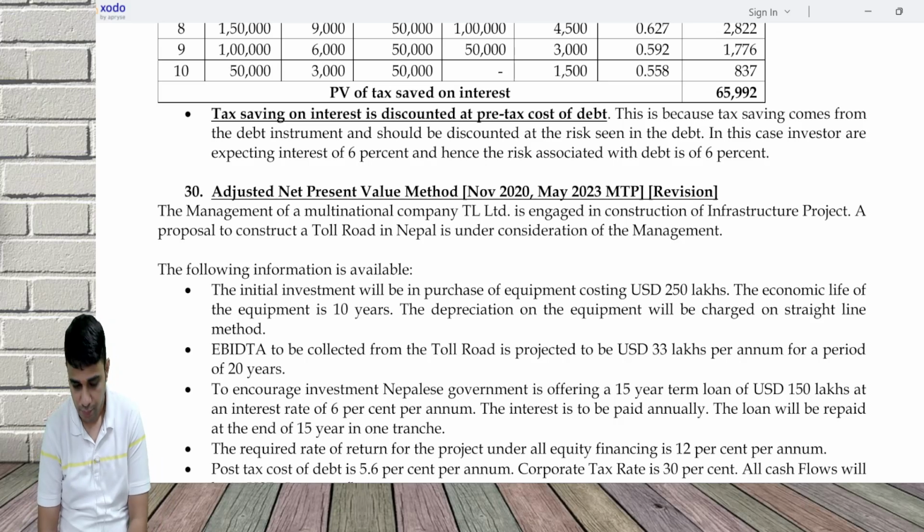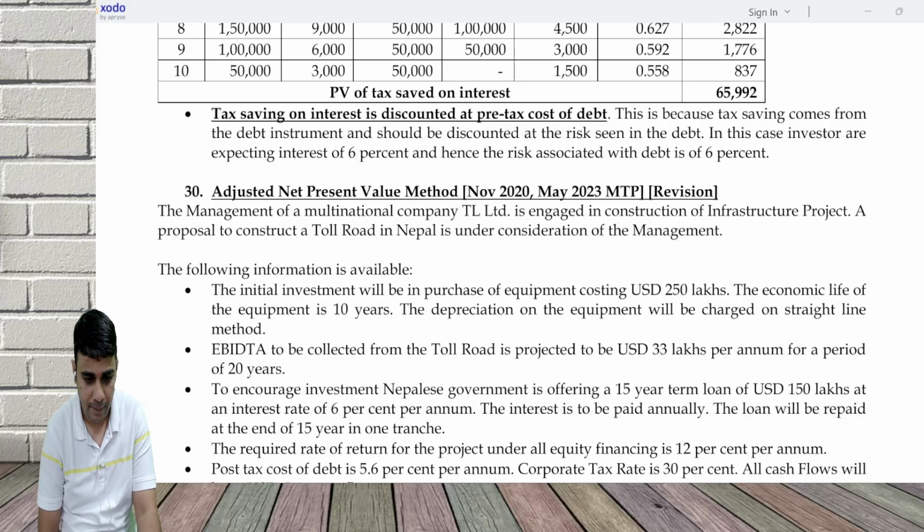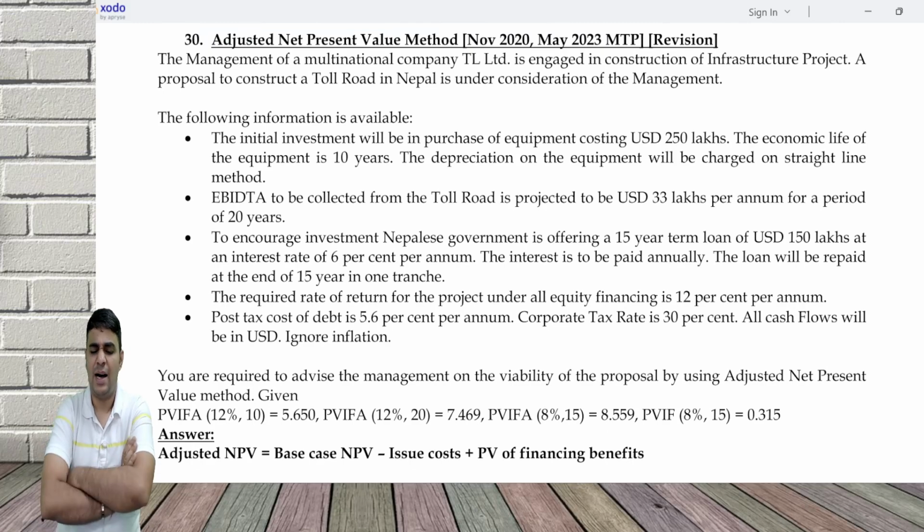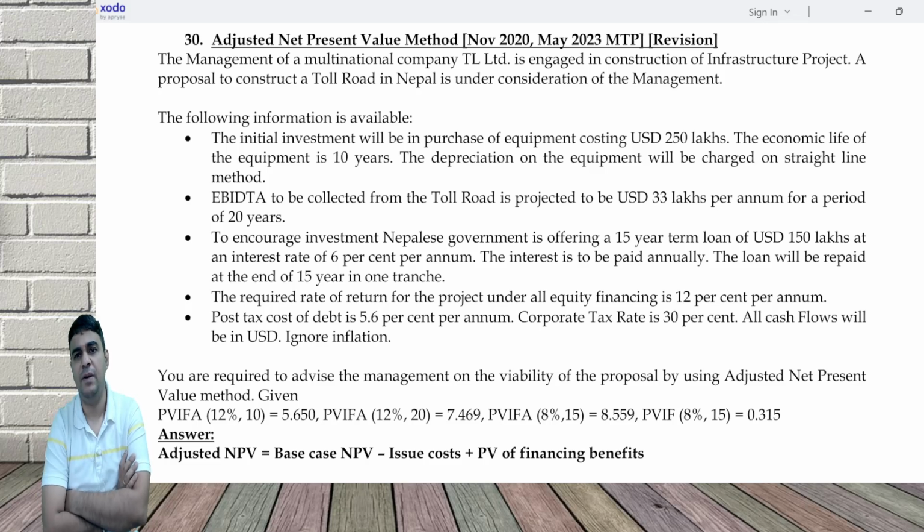Go through the question. Okay. The last line very clearly says they want us to follow the APV method to analyze the project.